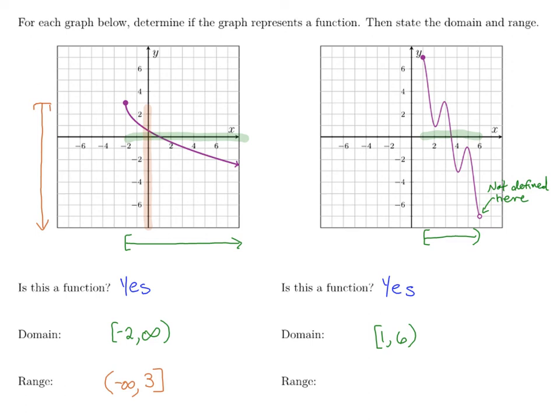Let's do the range now, and I'll similarly highlight along this y-axis. I can see that from -7, but not quite including -7 because of that open circle, I'll come up all the way up to +7, and I will include +7.